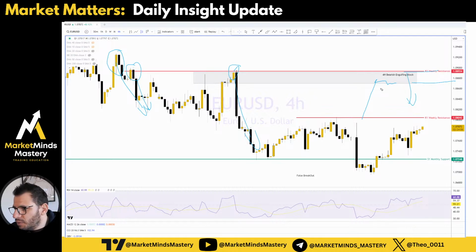Now, let me give you a tip here, guys. If you see the price move upwards here and it's going to come with long bullish candles, then it will be much better to short from this area, from this 4-hour bearish engulfing block, because the high chance is that the market will retrace backwards to fill up some unmitigated orders.